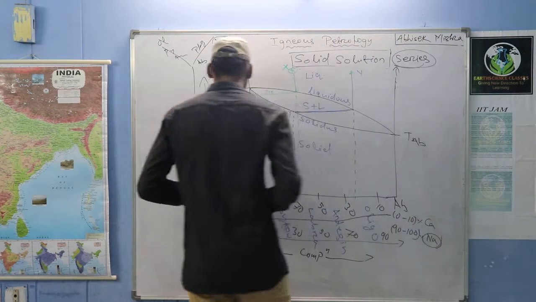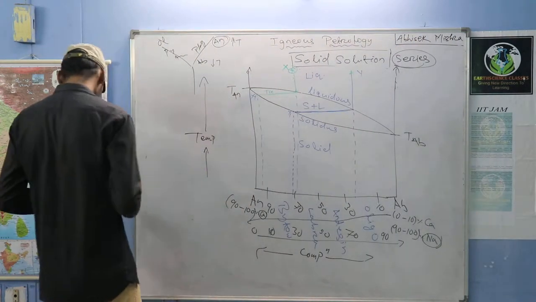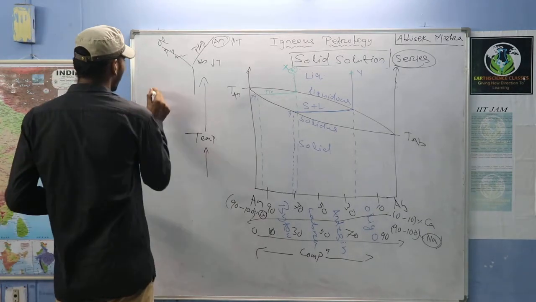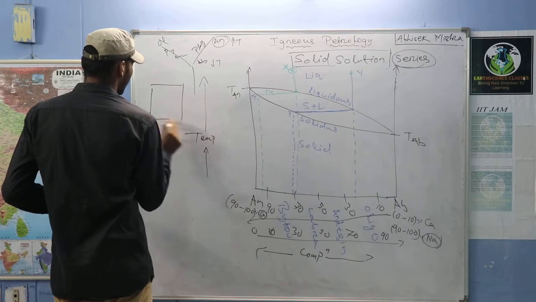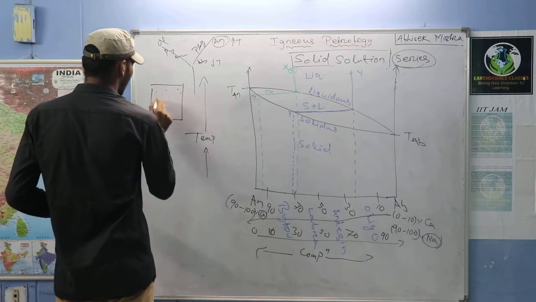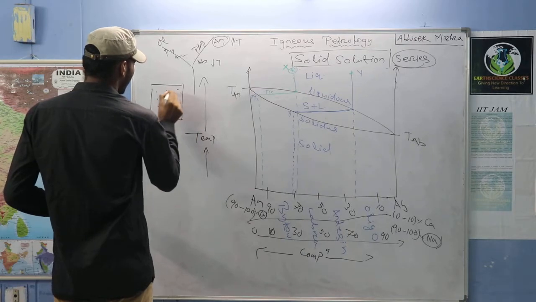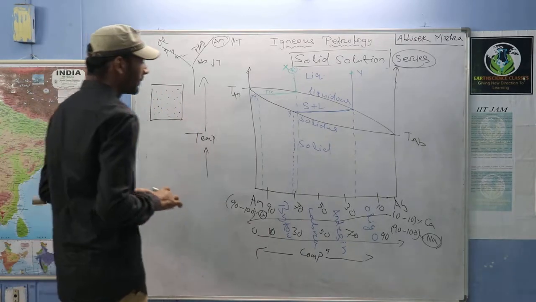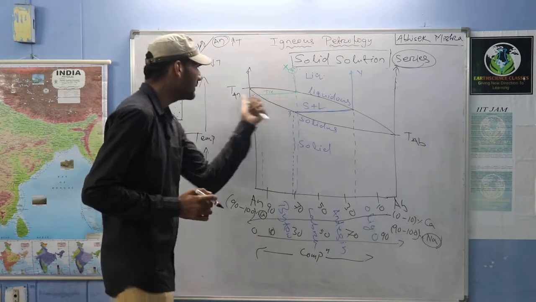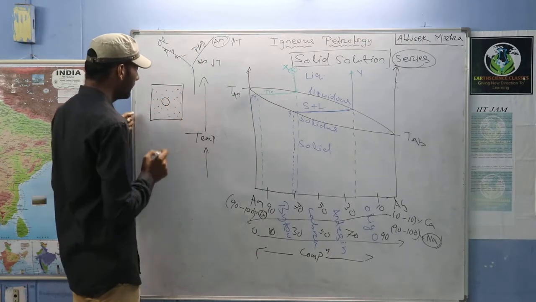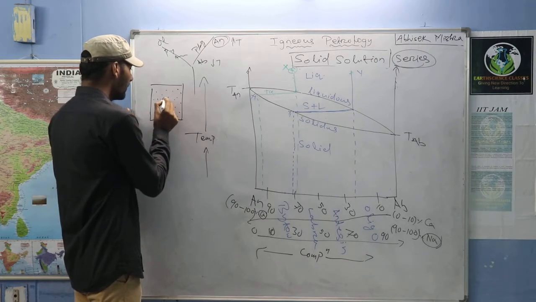Then what will happen? If this is the system, here magma is there, all in liquid phase. The first mineral that forms is more calcic.